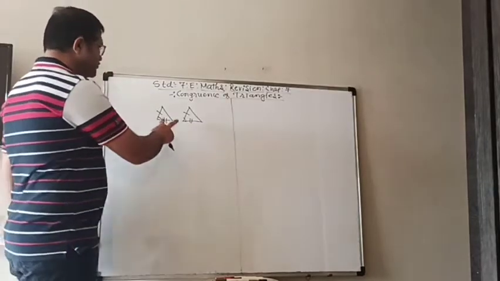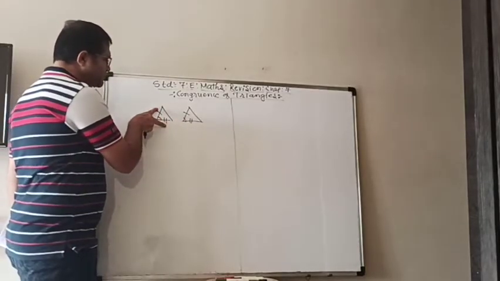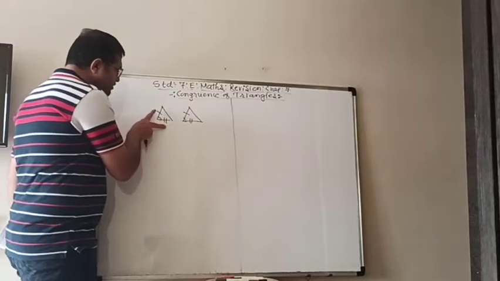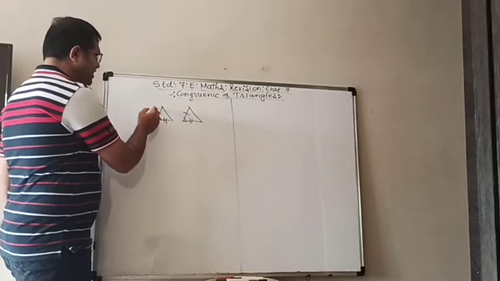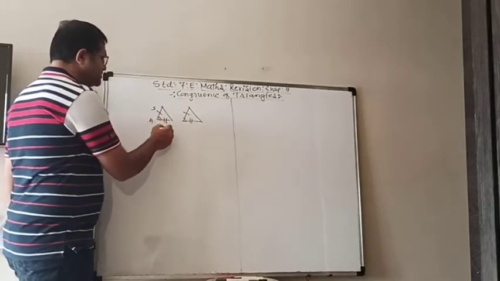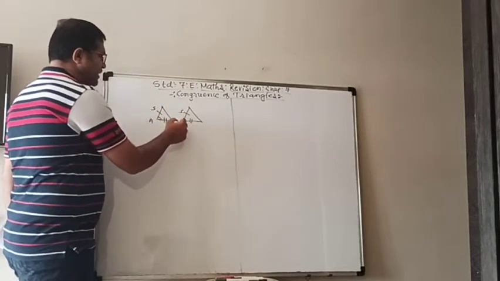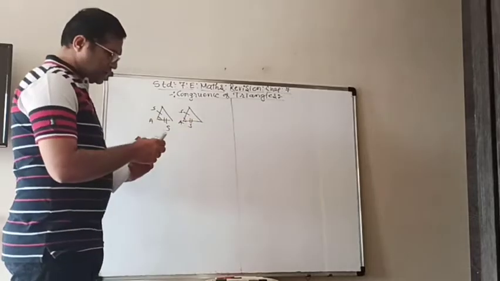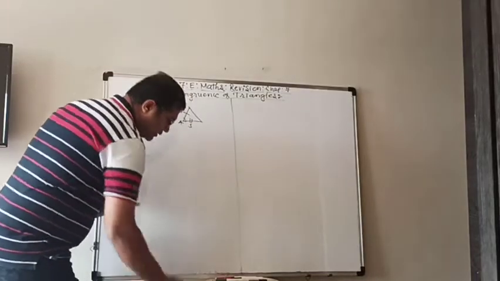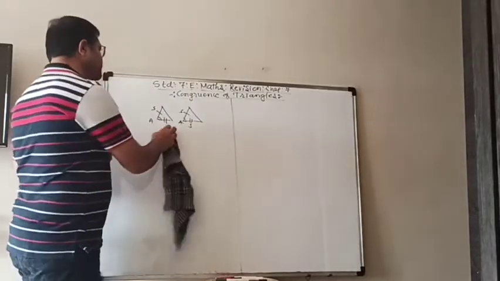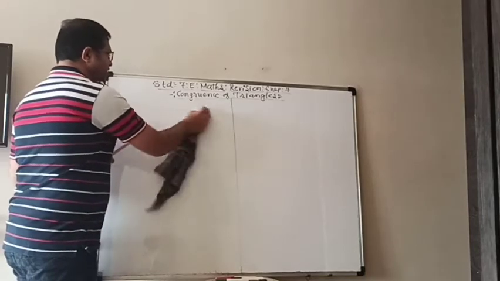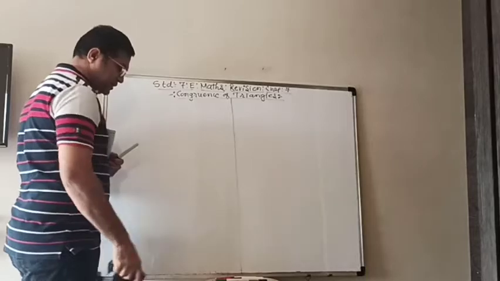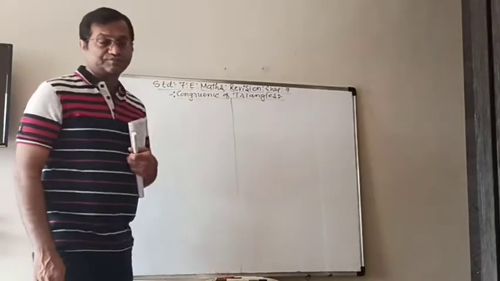The angle which is included must be in between those two sides. So this is the side, then there is the angle, again side, angle and side. So from the SAS criteria, other sides and other angles are not necessary to check.